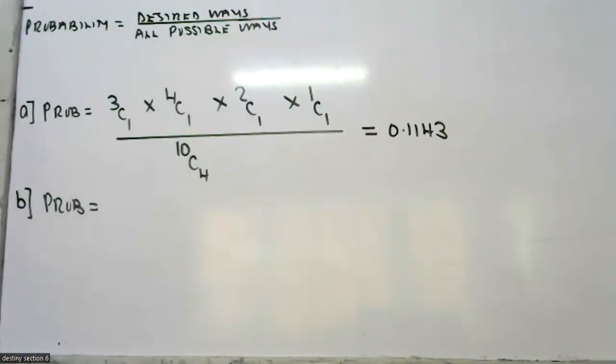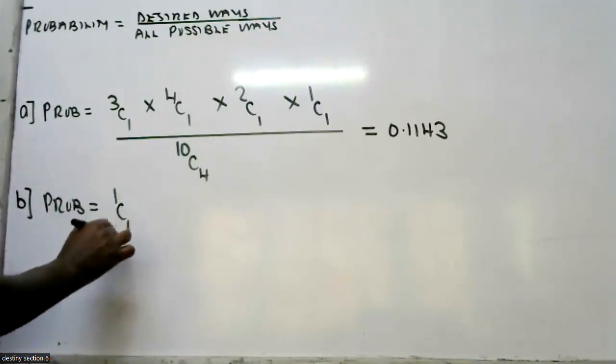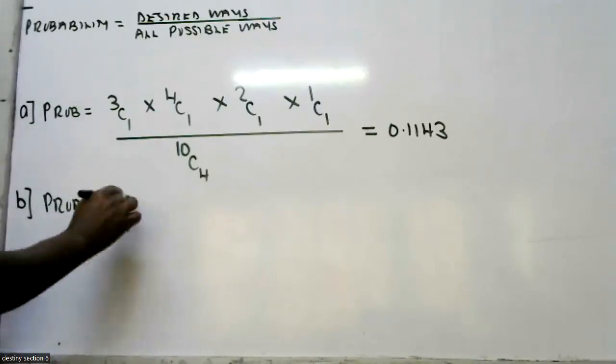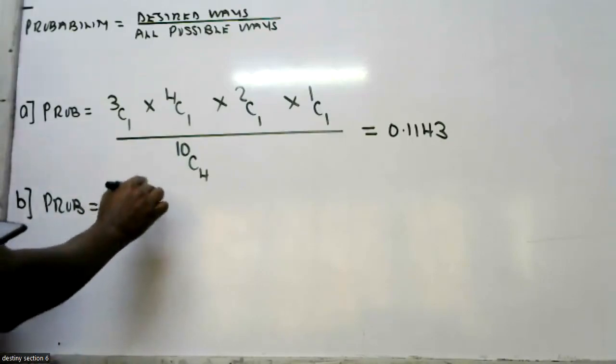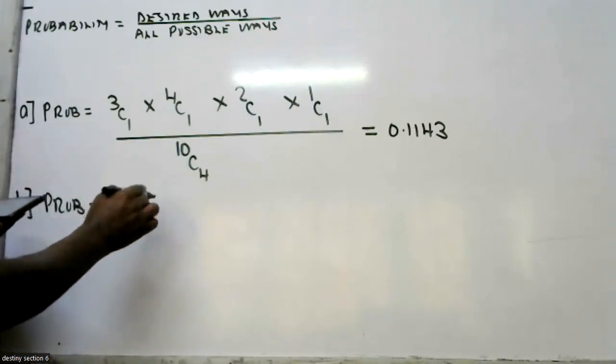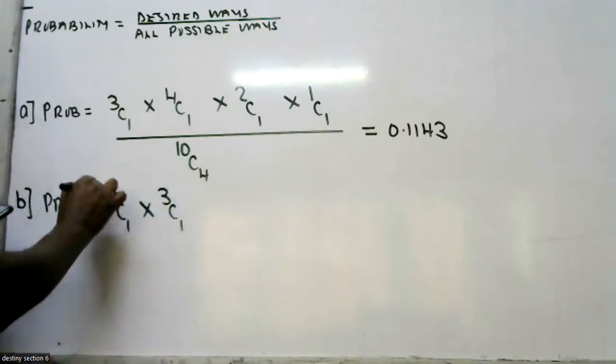Then part B, we are told what is the probability that it will consist of the doctor and 1 economist. So we want 1 doctor, so 1 choose 1, and at least 1 economist. So when you're told at least 1 economist, there are 3 of them. So from the 3, you choose 1.